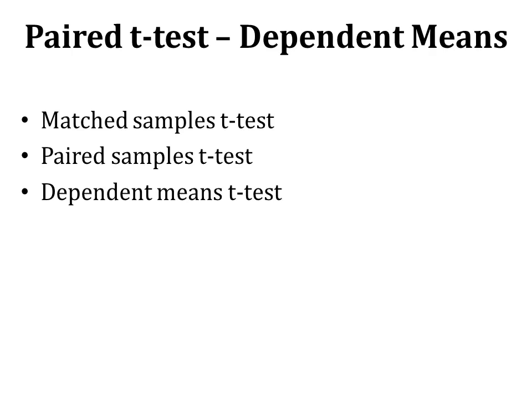And this is also known as the dependent means t-test, because the observations in each of the pairs that we have are dependent on each other. Then it is also known as the repeated measures t-test.